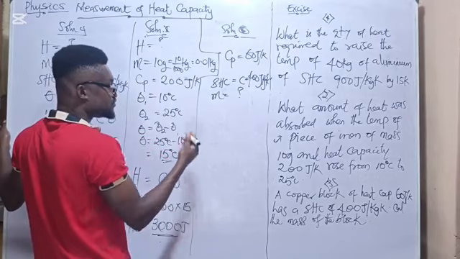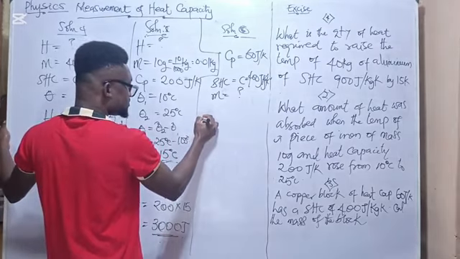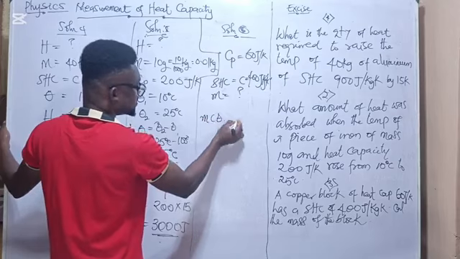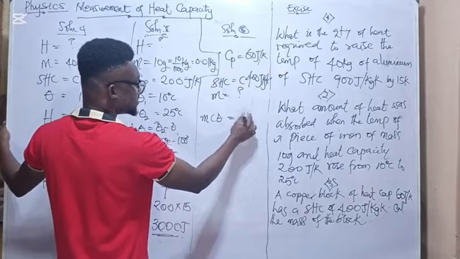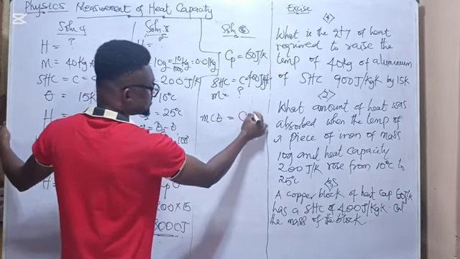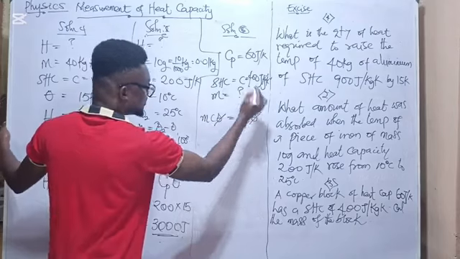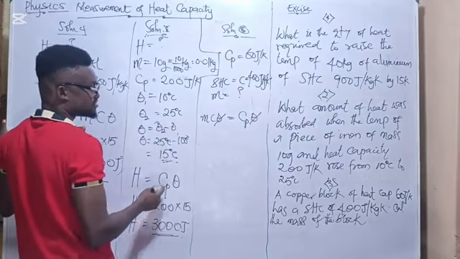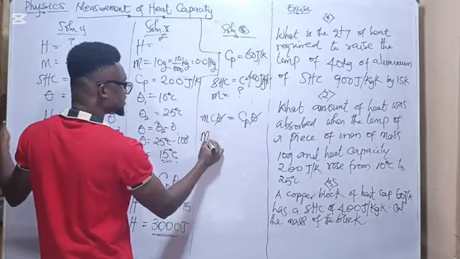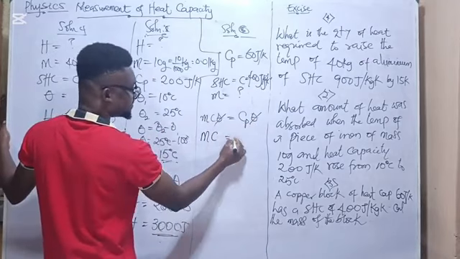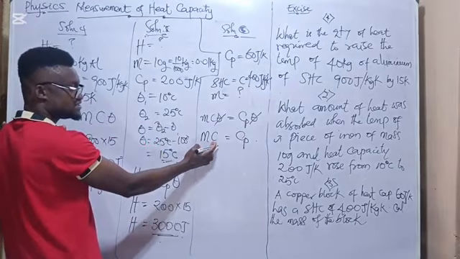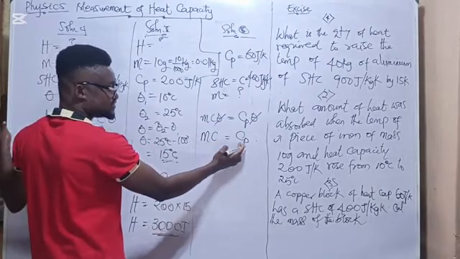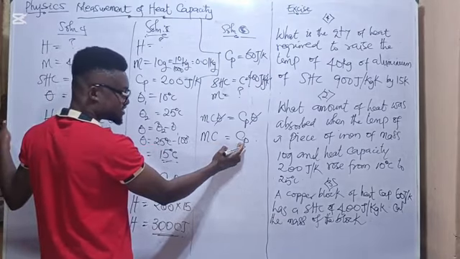You remember where we said that if we have the specific heat capacity being equal to heat capacity, then we cancel out the temperature differences. So in that case, we have the relationship between specific heat capacity and the heat capacity, where C is the specific heat capacity, C of P is the heat capacity.